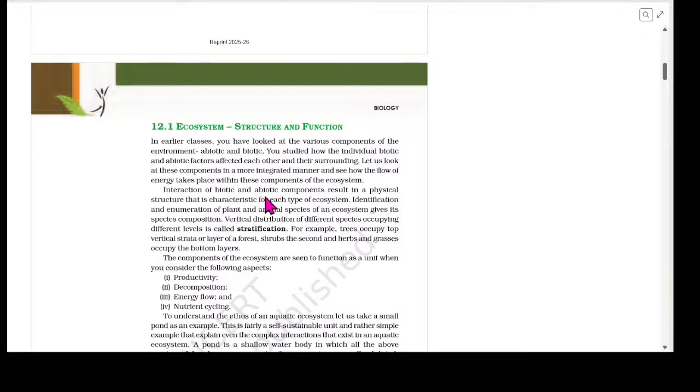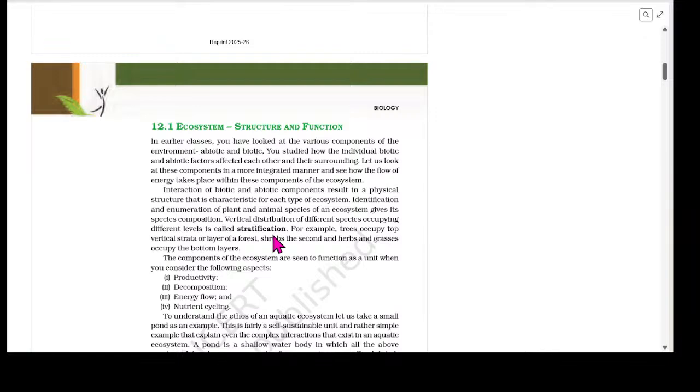Interaction of biotic and abiotic components results in a physical structure that is characteristic for each type of ecosystem. Identification and enumeration of plant and animal species of an ecosystem gives its species composition. Vertical distribution of different species occupying different levels is called stratification.